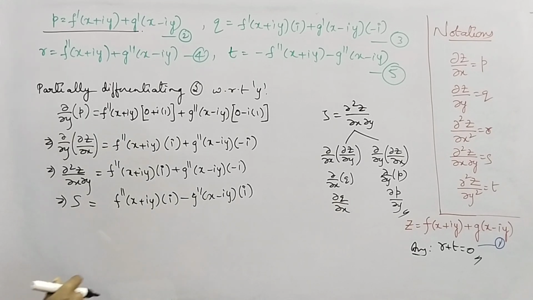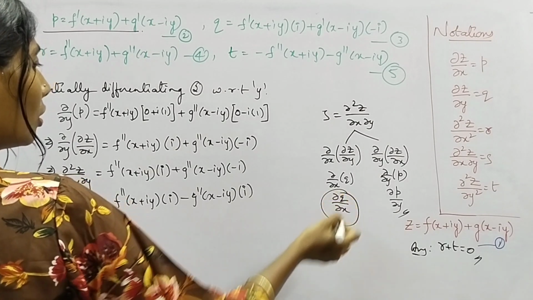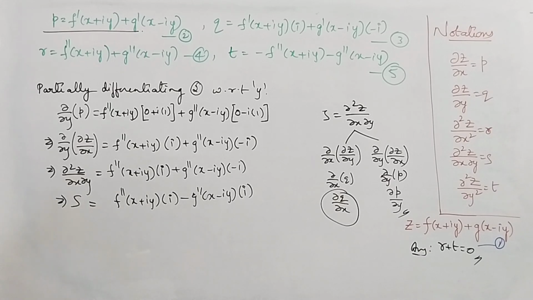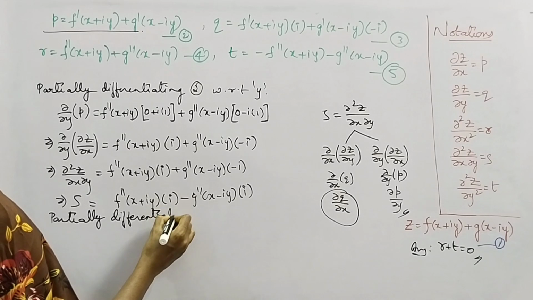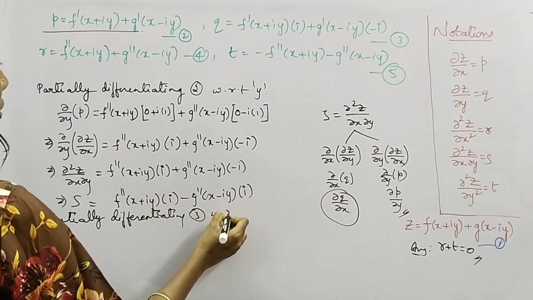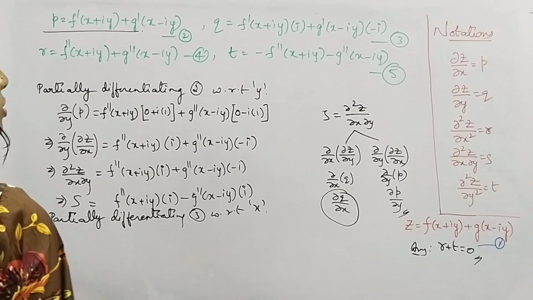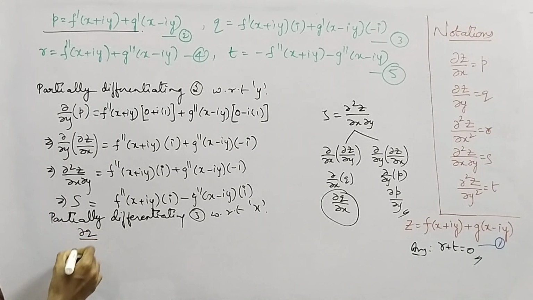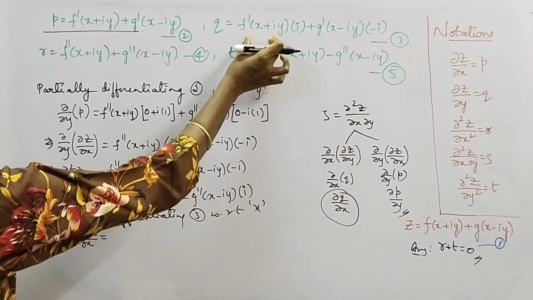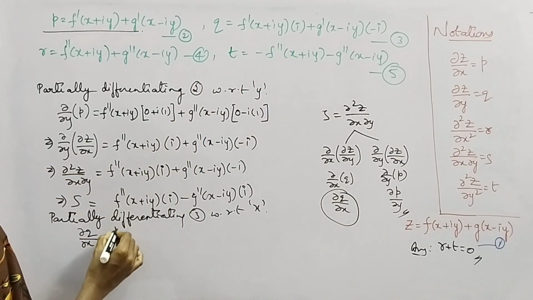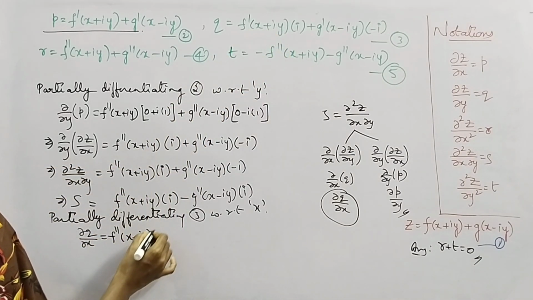Okay, you can just observe all these equations and find the required partial differential equation. Let me show you s using dou q by dou x, that is partially differentiating q, here, equation 3 with respect to x gives s, right? Dou q by dou x: we are partially differentiating with respect to x, so we'll treat y as constant. Partial derivative of f dash with respect to x is f double dash of x plus iy into the inner derivative.